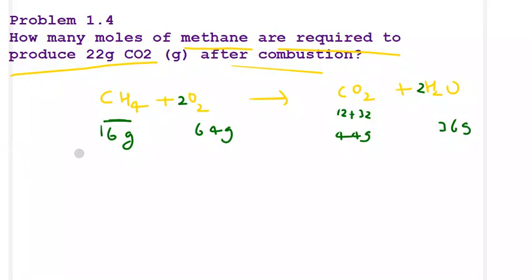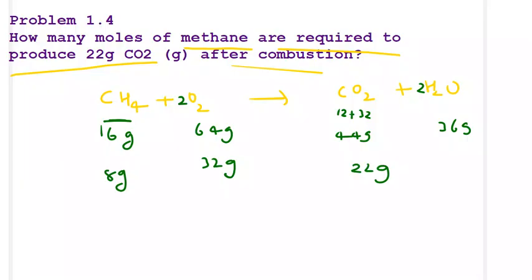Means if we take 16 gram of methane, then we will get 44 gram of CO2. If we want 22 gram, we need 8 gram, so the stoichiometry balance is 8 gram.